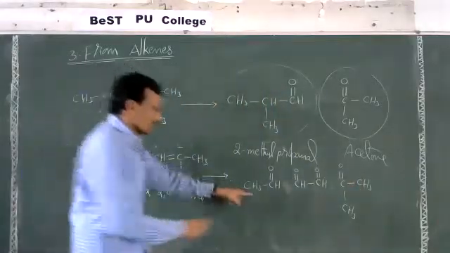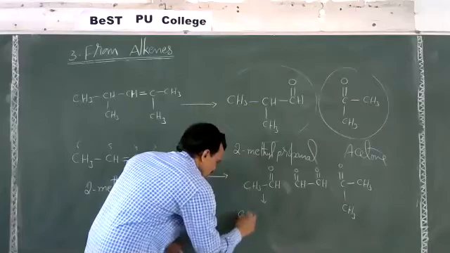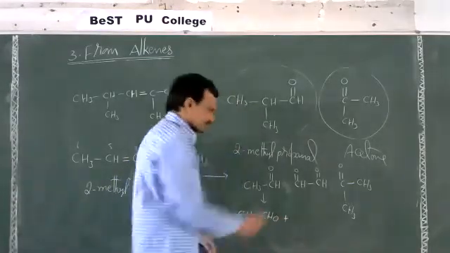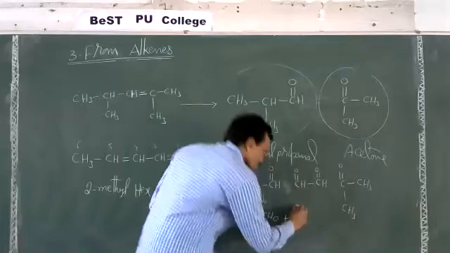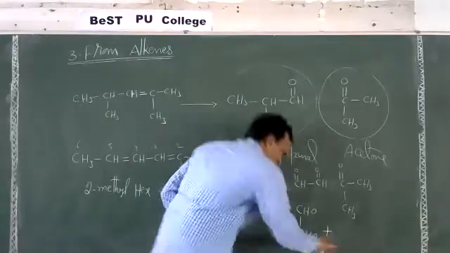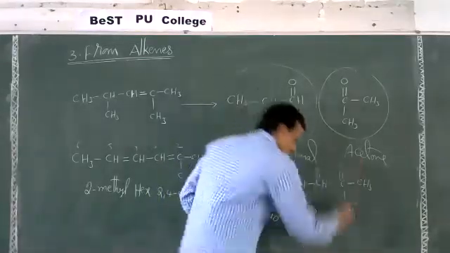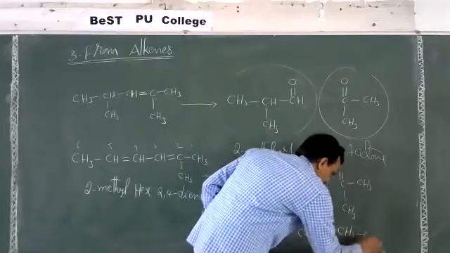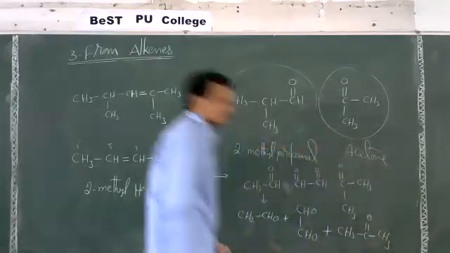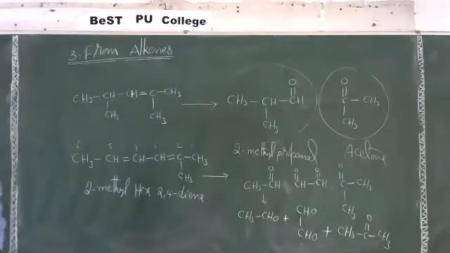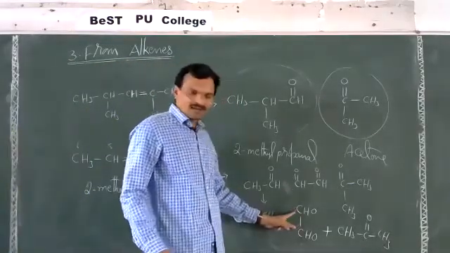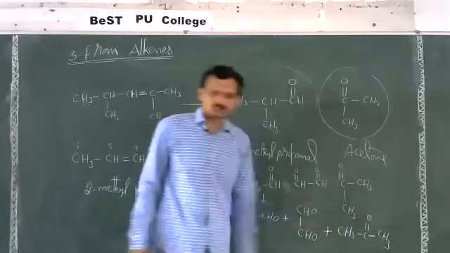So this is nothing but, see here, CH3CHO, plus this is CHO single bond CHO, nothing but a glyoxal, plus this is acetone, CH3COCH3. Okay, so like this we can find the ozonolysis products. Acetaldehyde, this is glyoxal, and this is acetone.